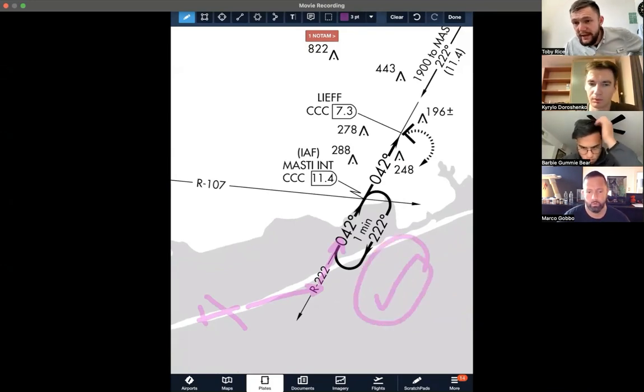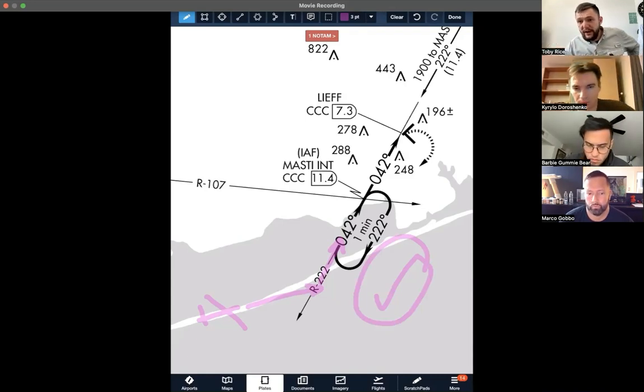Now, you still technically, unless air traffic control clears you on vectors or tells you that you can go straight in, have to do a course reversal. But remember, air traffic control radar vectors cancel out course reversals.